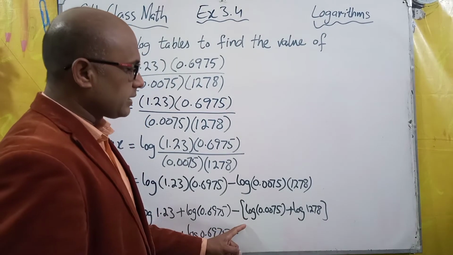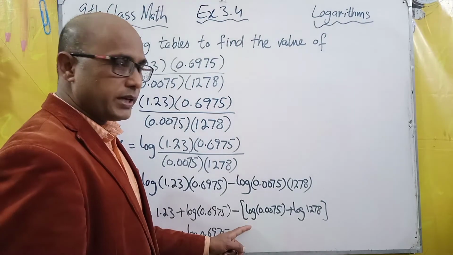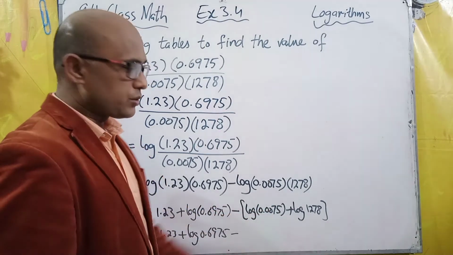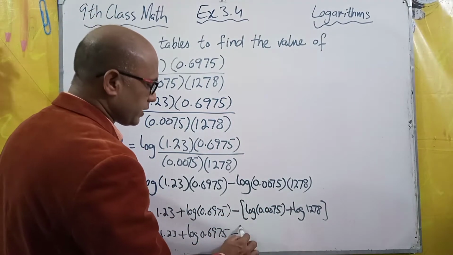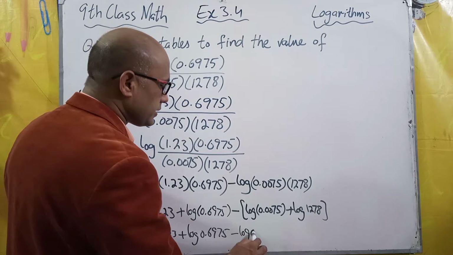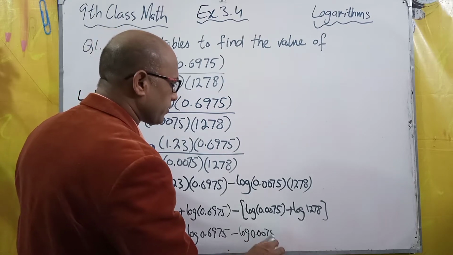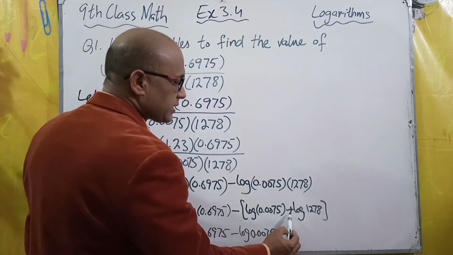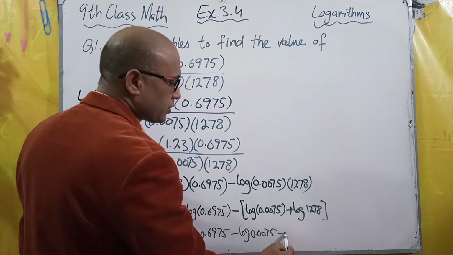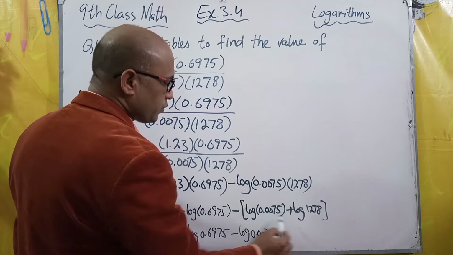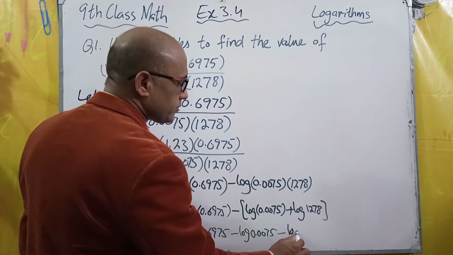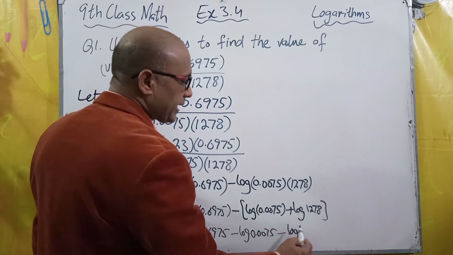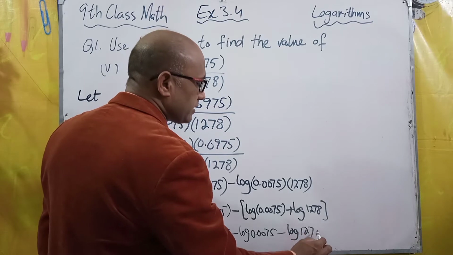Then this large bracket will be removed to open this minus sign to these two terms. So students will write log 0.0075, and this minus sign will change this plus sign into minus. So in place of plus we'll write minus, because this minus sign is multiplied inside the bracket. Log 1278.